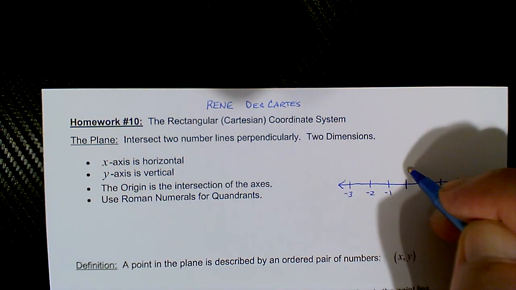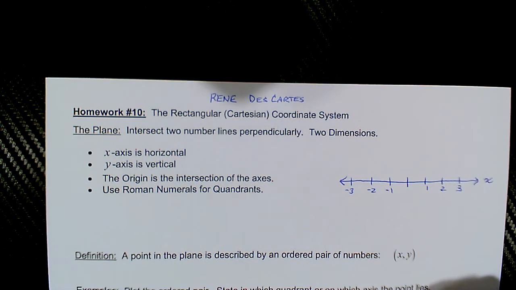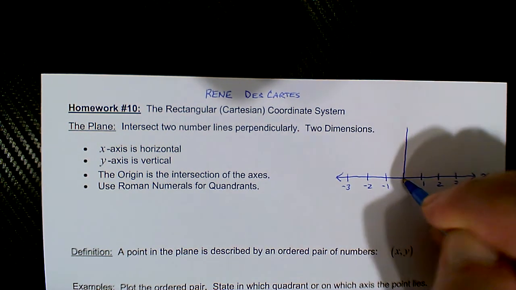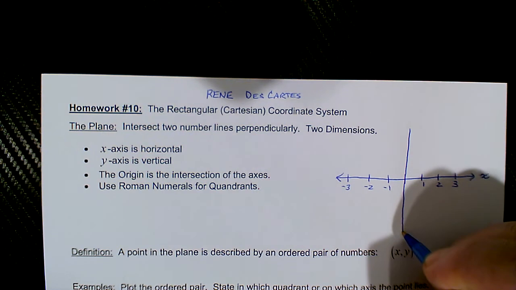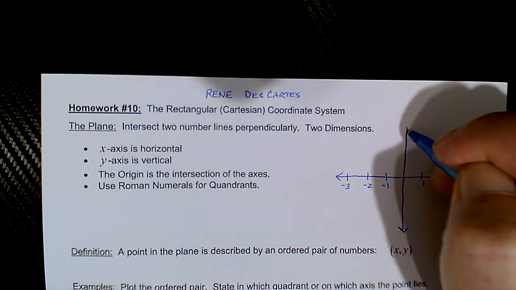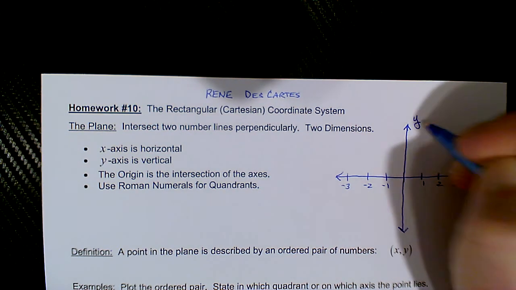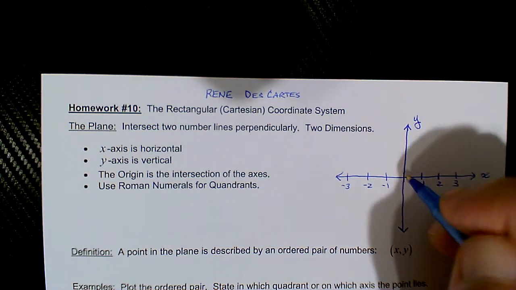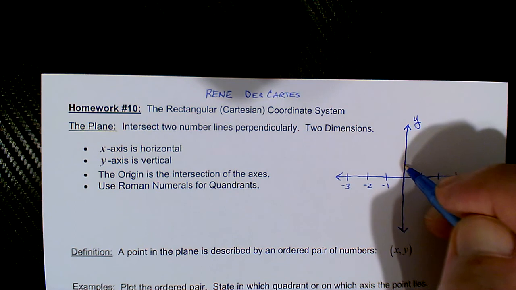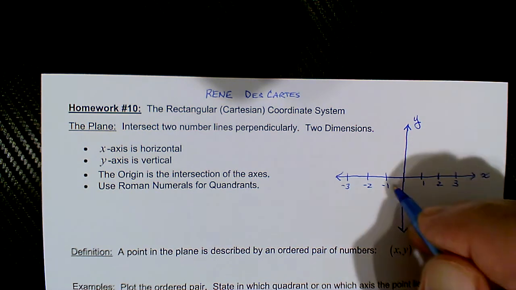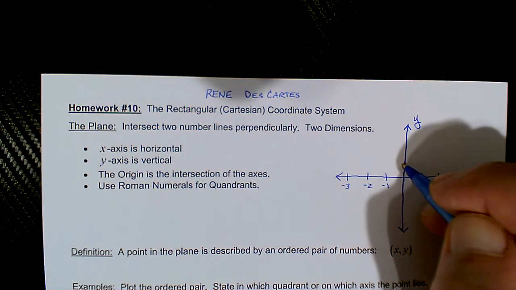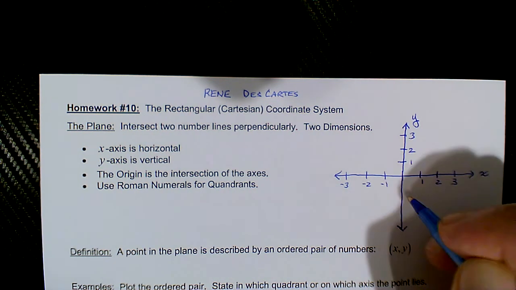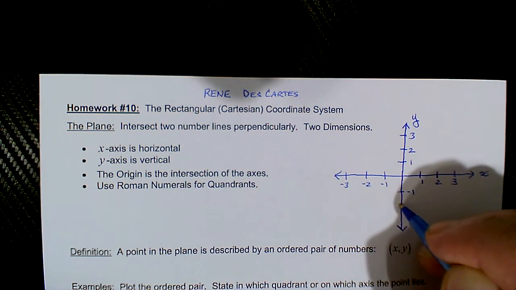But then we have the y-axis that intersects perpendicularly at 0. So the y-axis comes in and slices it right at 0. And then the y-axis also is a number line. Now we should label it with y, typically in the upper portion, and positive. For x, positives to the right and negative to the left as normal. For y, positive is up, 1, 2, 3, and so on, and negative is down.